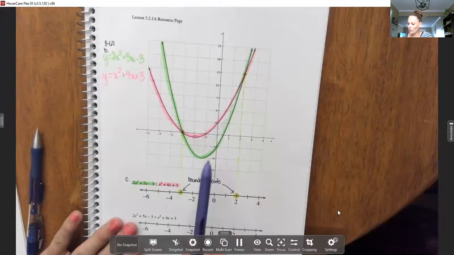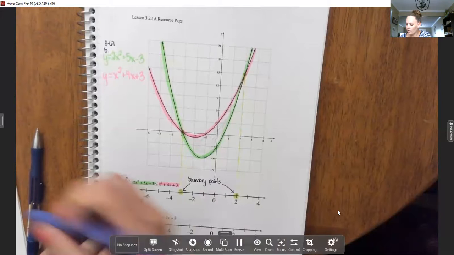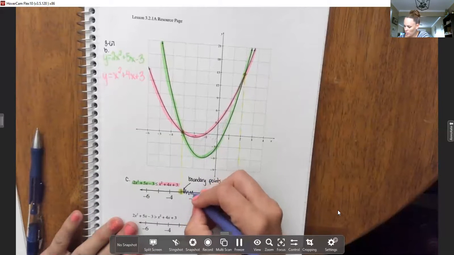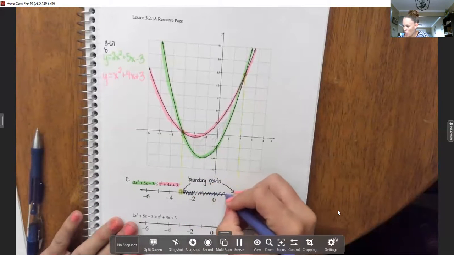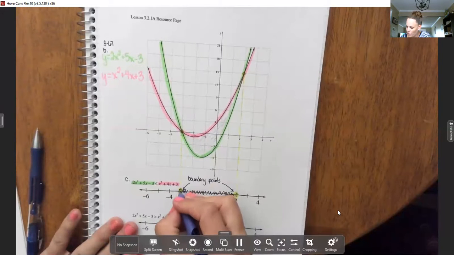And so again, we're looking where green was below pink, which was everywhere in here. So it's all of this area here. That would all be shaded in here with these boundary points.